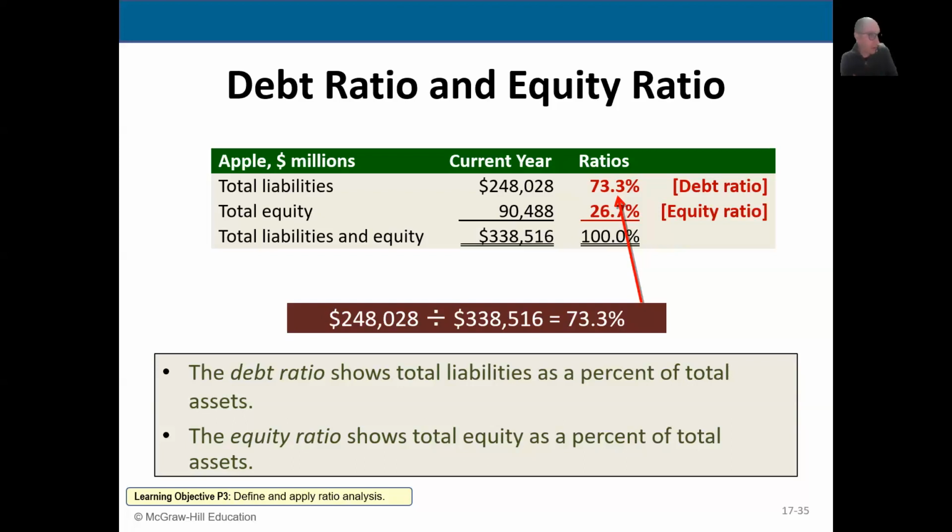Then we have equity. The company might sell stock. They might have investments from the owners. Okay, that's equity financing. That's how the company raises cash through equity. Every company has a combination of debt and equity in order to finance the operation. See, that's why the debt and equity ratio is very important to understand. How much is being financed through debt? How much is being financed through equity?